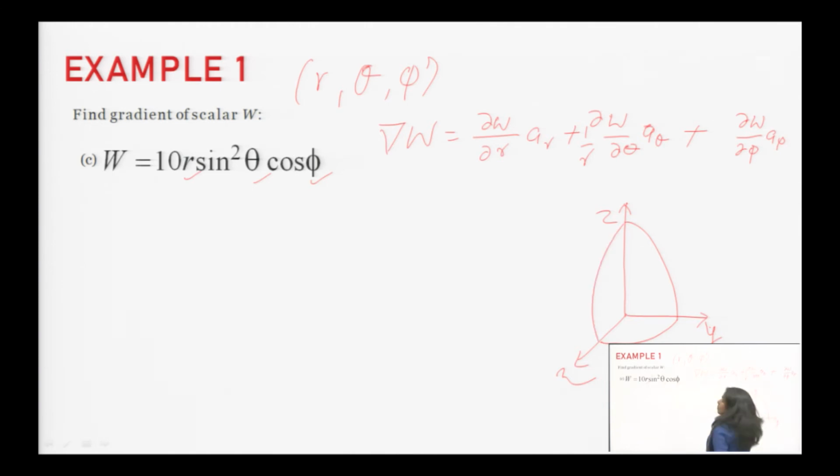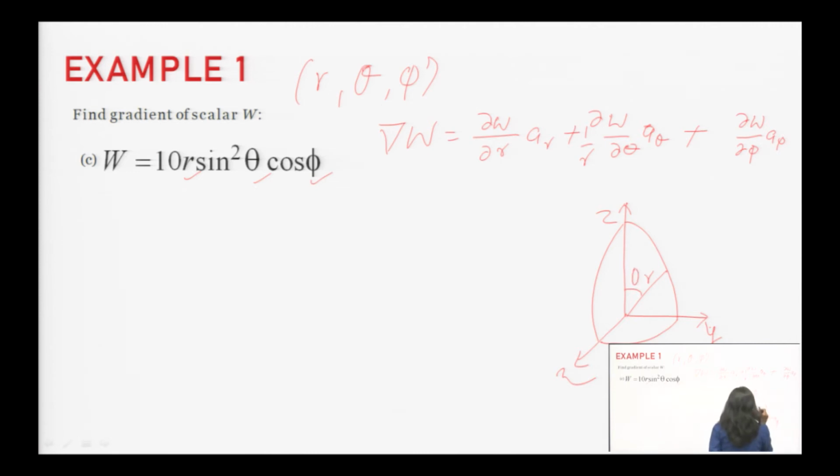This is the sphere, where r is the radius of the sphere, and theta is the polar angle, or you can say vertical angle also.